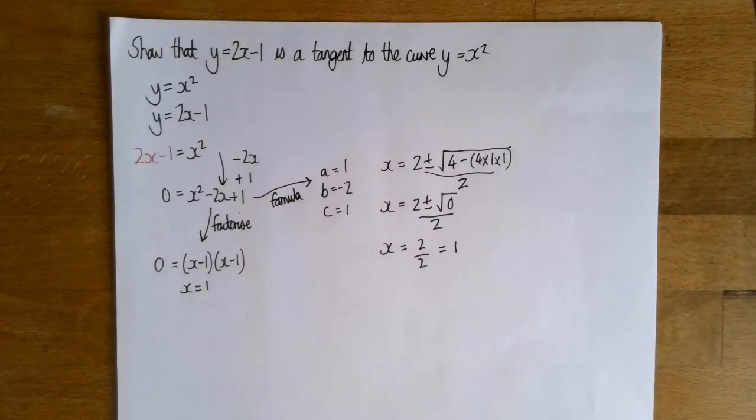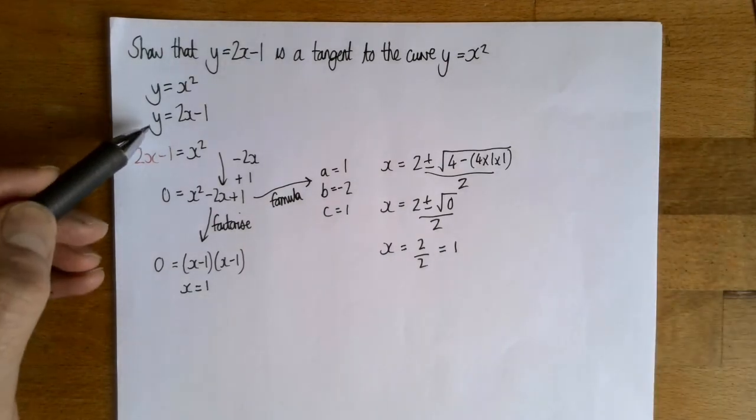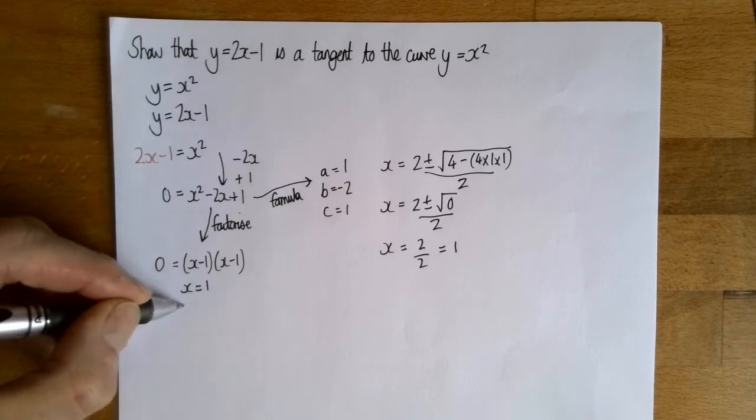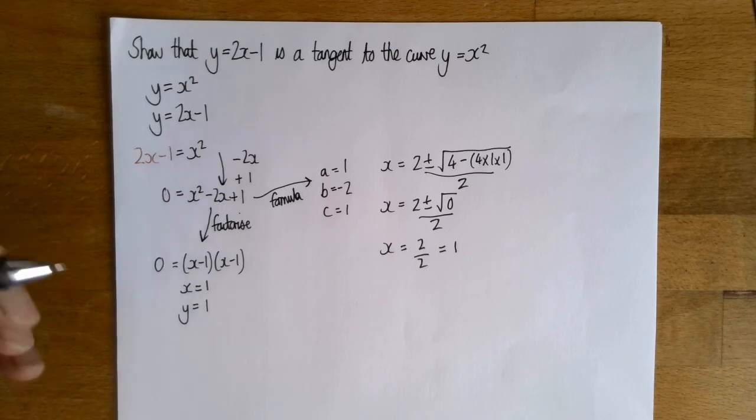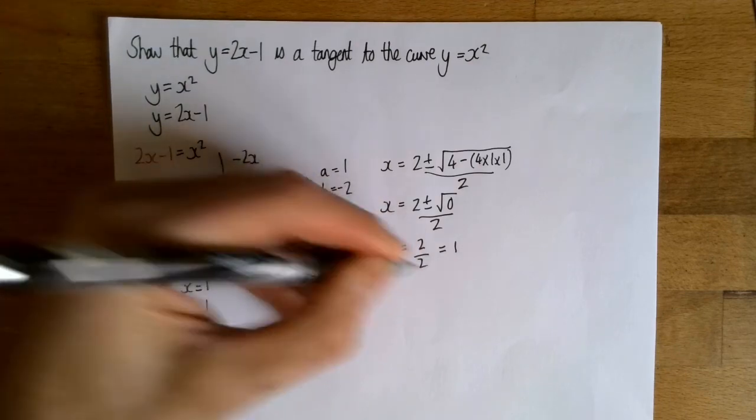Don't forget, we still need to work out our y value. y is equal to 2x minus 1. So y is equal to 2 times 1, take away 1. Oh, it's 1 as well. What a coincidence. We get the same there.